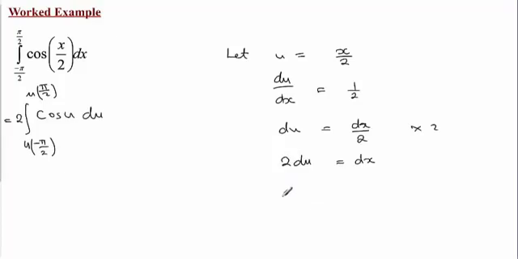So taking that, u at pi over 2 is going to be equal to pi over 4.